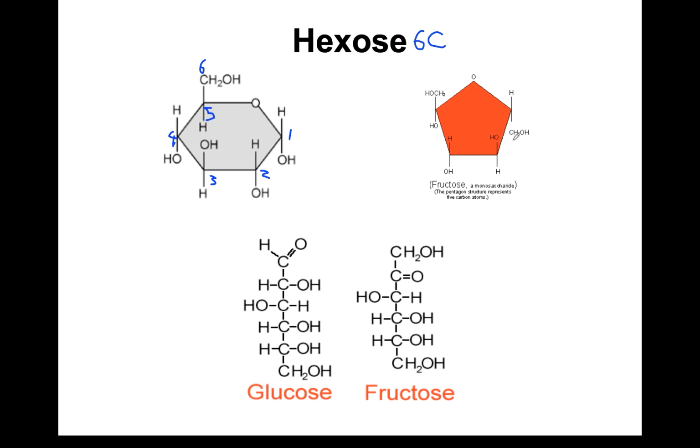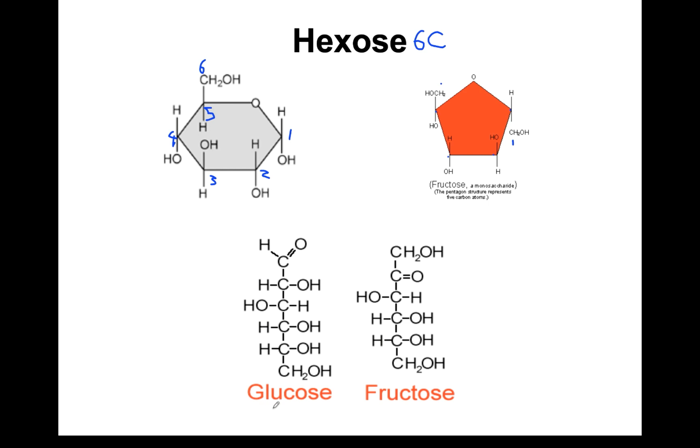Here, start from 1, 2, 3, 4, 5, 6. When a monosaccharide has 6 carbons, it belongs to hexose. And this is a linear form. You can count the number of carbons, and it will end up with 6 carbons.